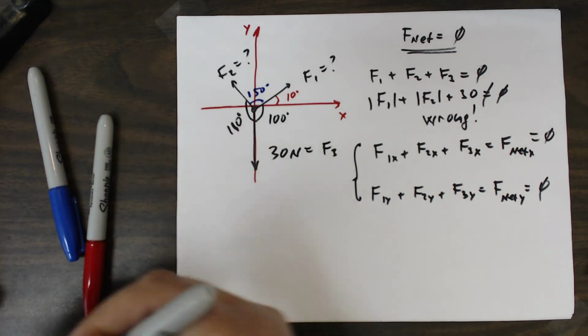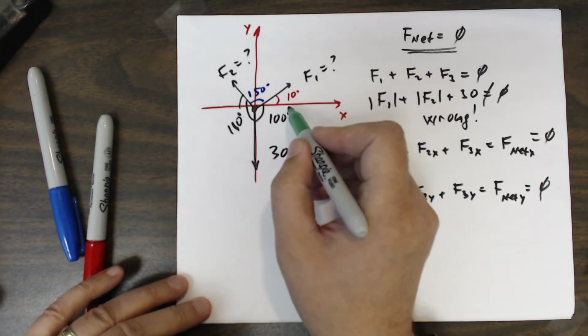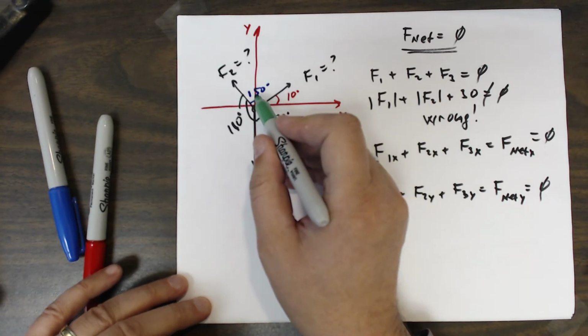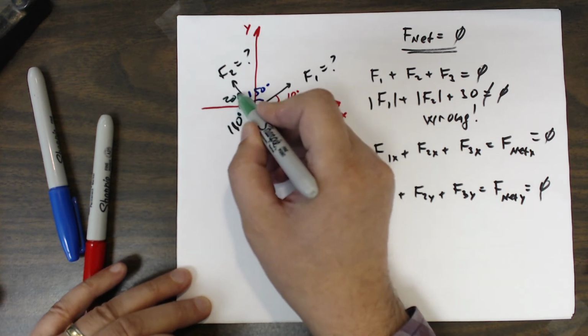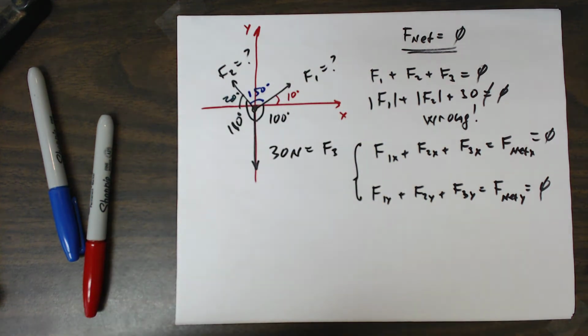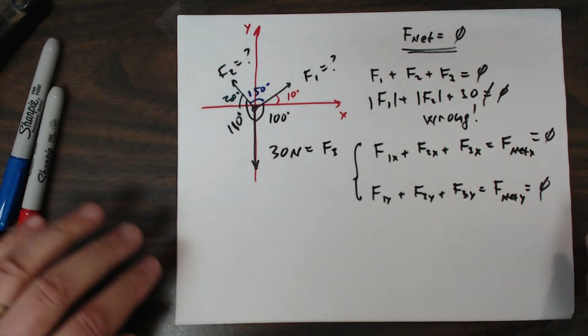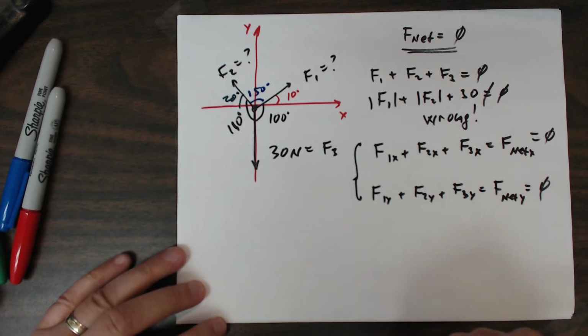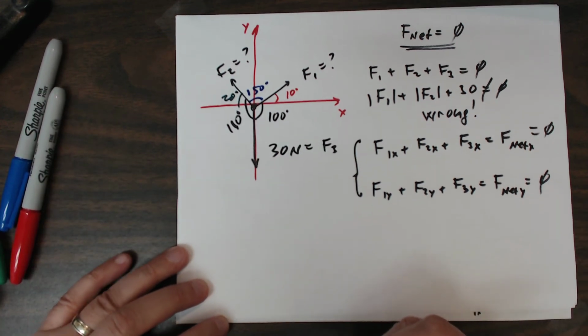And again, this angle will be equal to 180 minus 10 and minus 150, 20 degrees. Now we can write two equations.